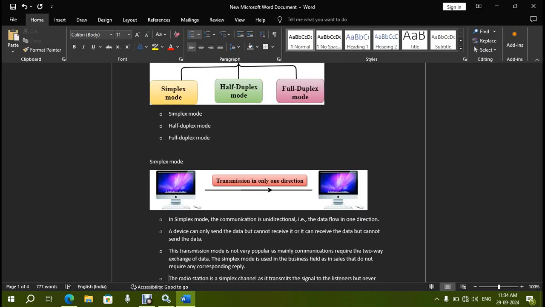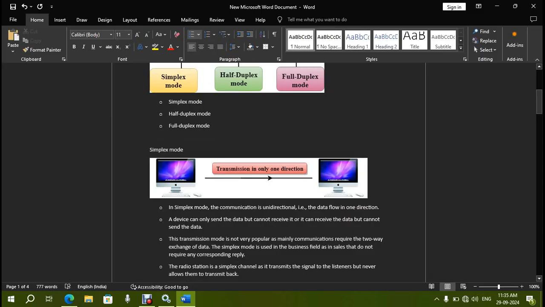Simplex mode is used in business where no corresponding reply is required. Where is simplex used? The radio station is a simplex channel, as it transmits the signal to the listeners but never allows them to transmit back.